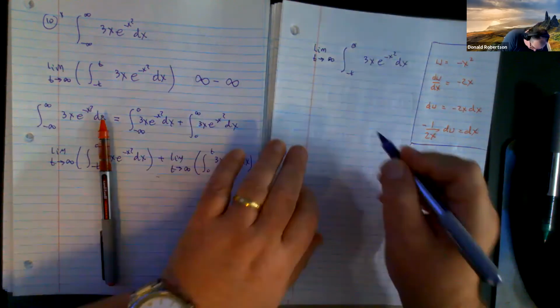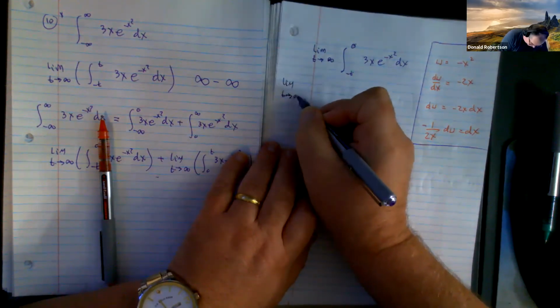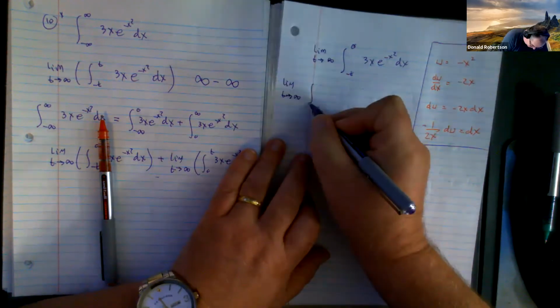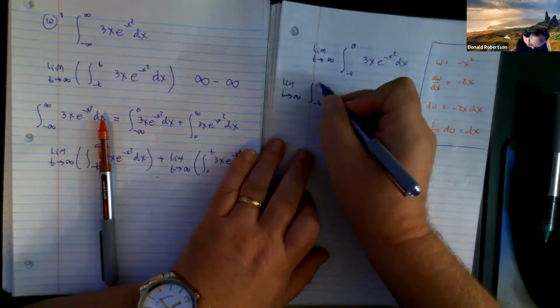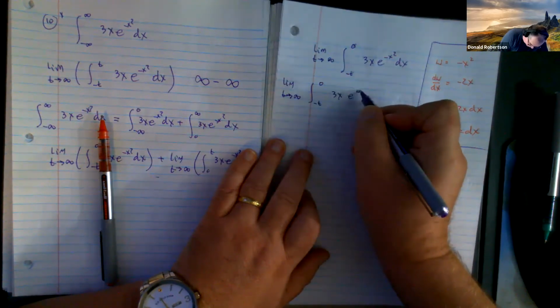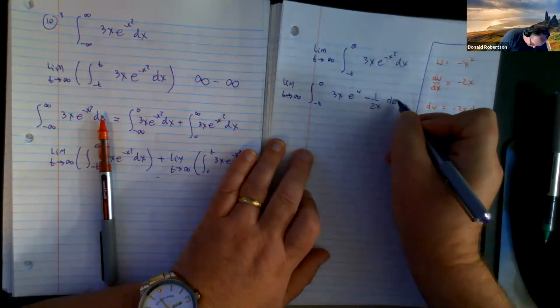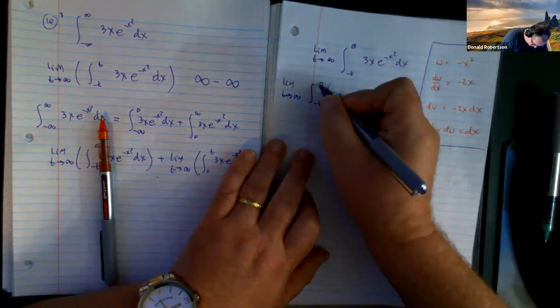So we now have the limit as t tends to infinity, integral from negative t to 0, 3x e to the u, negative 1 over 2x du, and I broke my little rule, but I'll fix it in a minute.